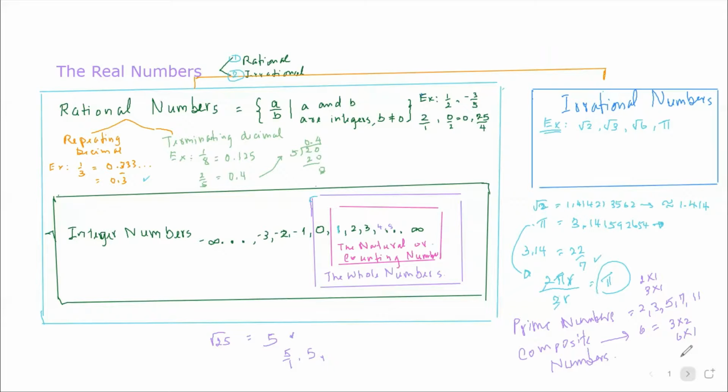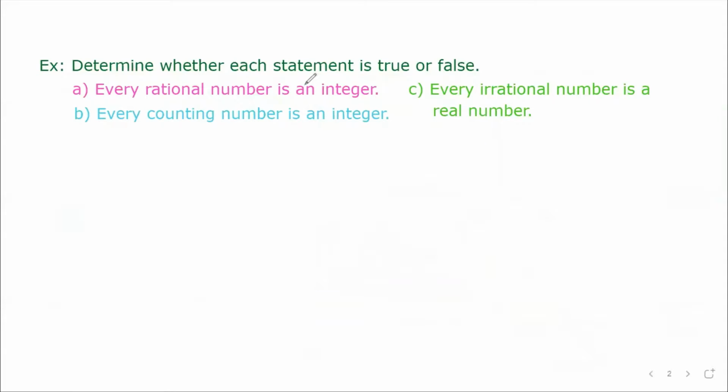Example now. Determine whether each statement is true or false. First one, every rational number is an integer, true or false? False, right?